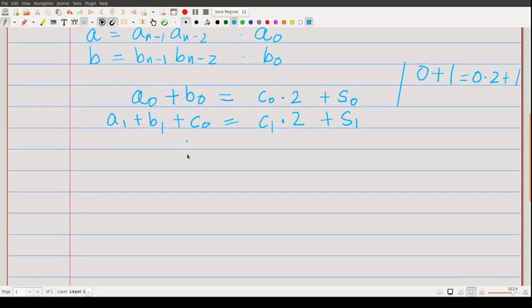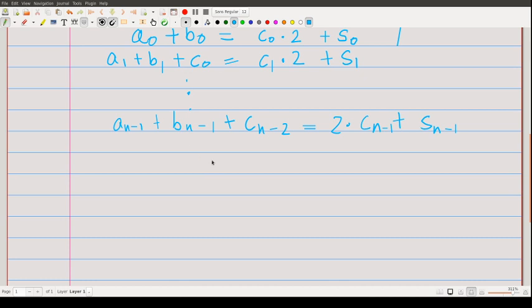And you keep doing this up until you get to a(n-1) plus a(n-2) plus b(n-1) plus c(n-2), and you write it as 2 times c(n-1) plus s(n-1).